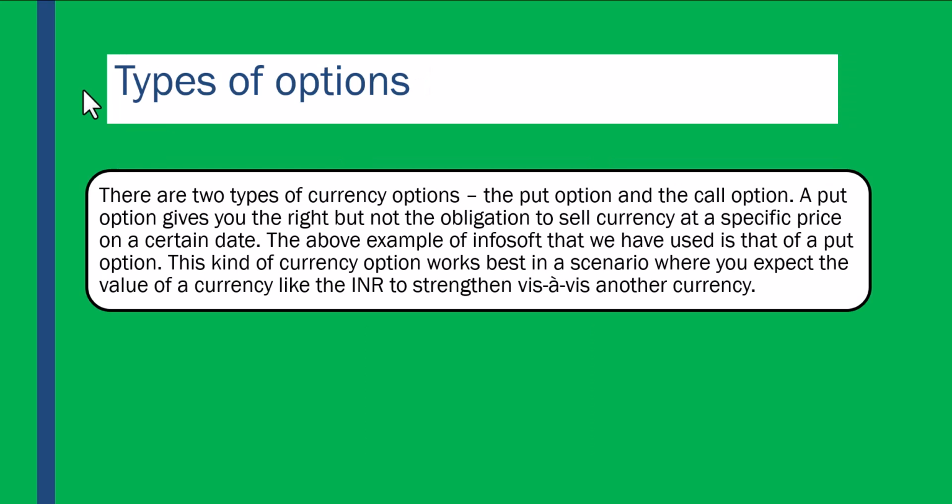We'll cover two more slides, which will cover this entire thing. There are two types of currency options: put options and call options. A put option gives you the right, but not an obligation, to sell the currency at a specified price on a certain date. The above example of Infosoft is that of a put option.